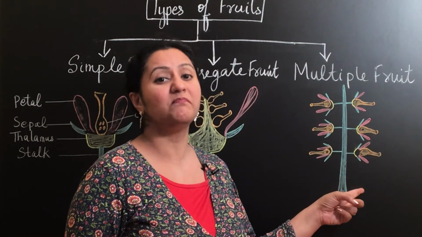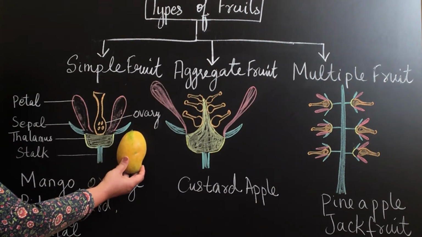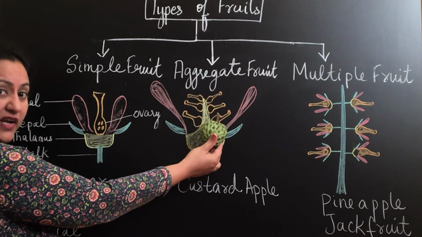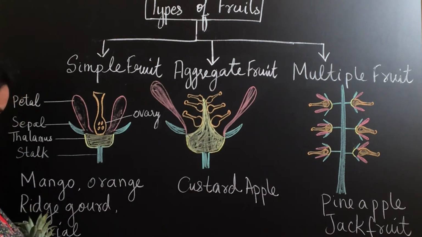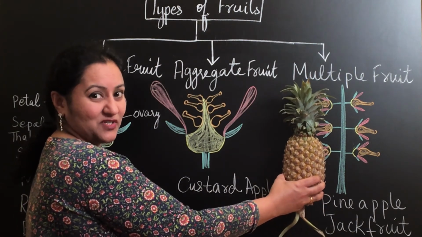That is called a multiple fruit. Mango is an example of a simple fruit. Custard apple is an example of an aggregate fruit. Pineapple is an example of a multiple fruit.